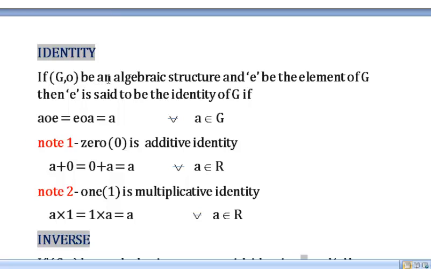If (G, O) be an algebraic structure and E be an element of G, then E is said to be the identity of G if A O E is equal to E O A is equal to A for all A belongs to G. Note: 0 is additive identity since A plus 0 is equal to 0 plus A is equal to A for all A belongs to R. Note second: 1 is multiplicative identity for all real numbers since A cross 1 is equal to 1 cross A is equal to A for all A belongs to R.